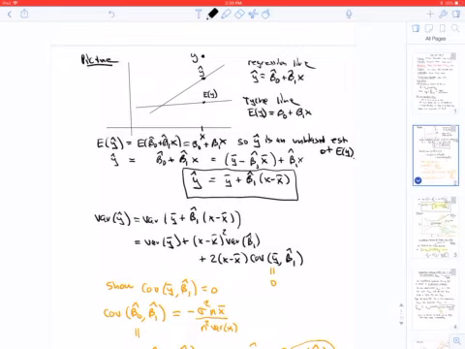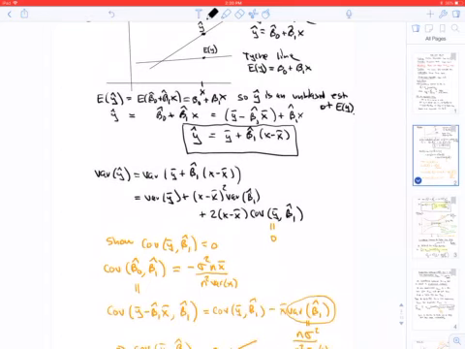And then I just write out another expression for y hat as y bar plus beta 1 hat times (x minus x bar), just with some definitions in algebra.